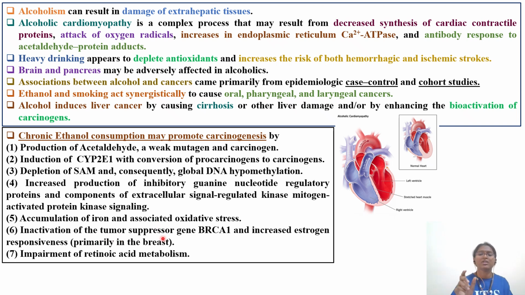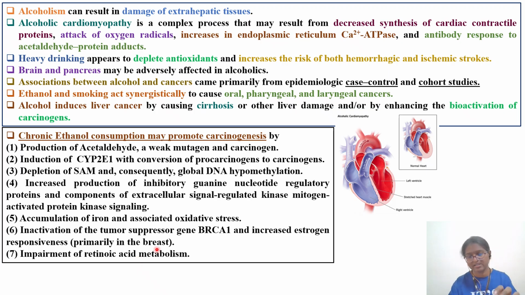In females, apart from fetal alcohol syndrome, there is a possibility that they will get breast cancer. Why? Because BRCA1, which is a breast tumor suppressor gene, is there, no? Alcohol is causing its inactivation, because of which females are more prone to get breast cancer, and it also increases estrogen responsiveness, primarily in the case of breast.